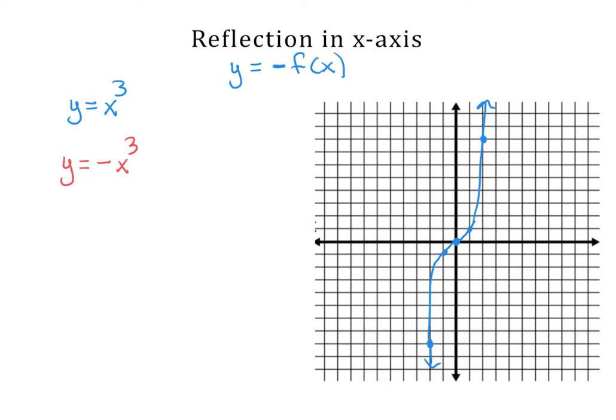So having that negative in front is going to reflect everything over the x-axis. So this point, 1, 1, is going to flip down here. 2, 8 will flip down here, and then negative 1 flips up. And then we still have that 0, 0. So here is what that reflection looks like.